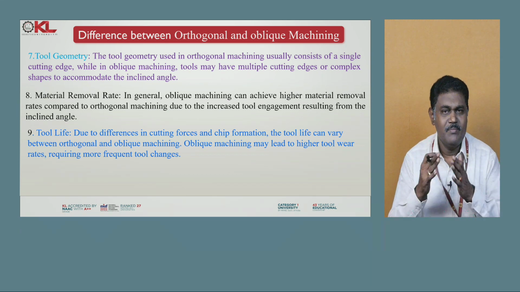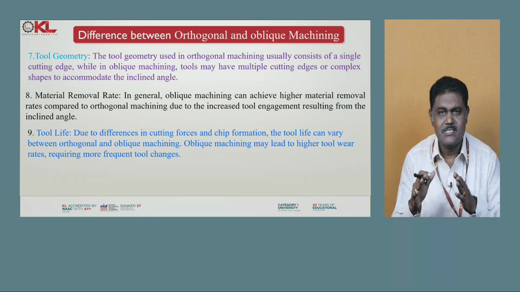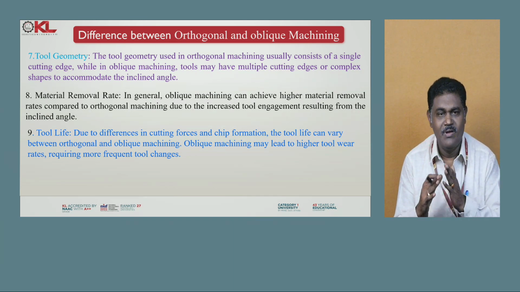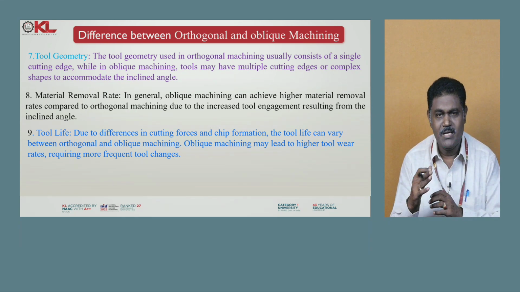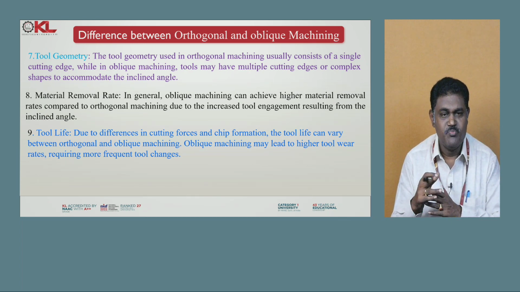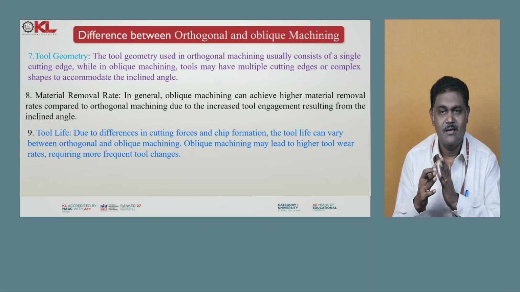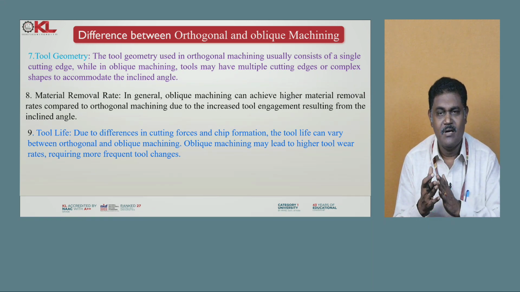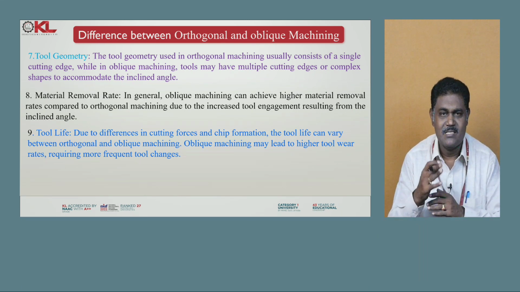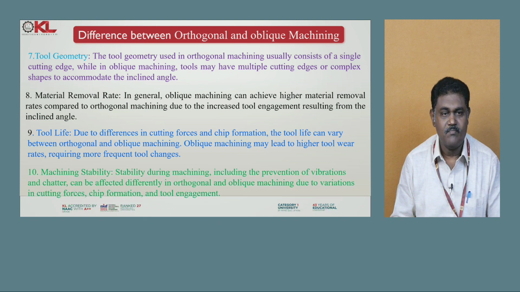Coming to tool life, due to the differences in cutting forces and chip formation in orthogonal and oblique machining, the tool life can vary between the two. Oblique machining may lead to higher tool wear rates and require more frequent tool changes. Already I told you the entire surface of the chip is touching the surface of the tool, so the wear and tear is more in the case of orthogonal.